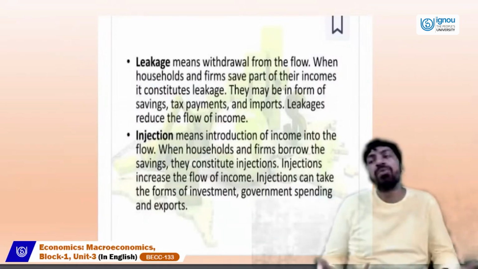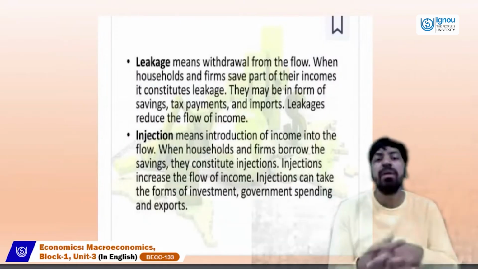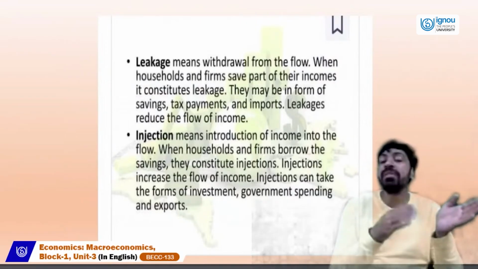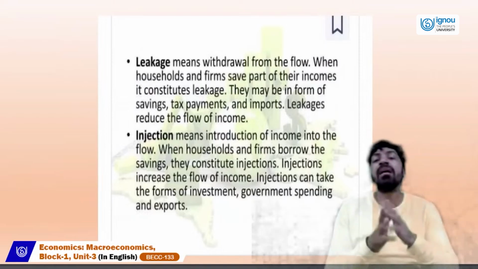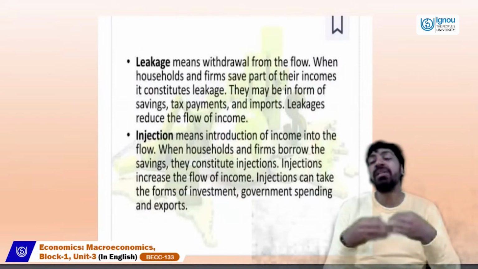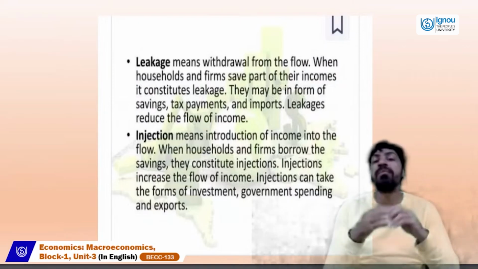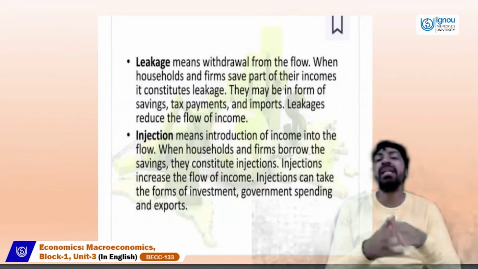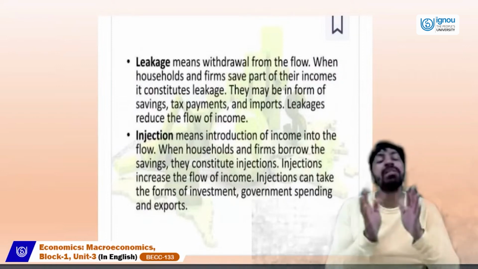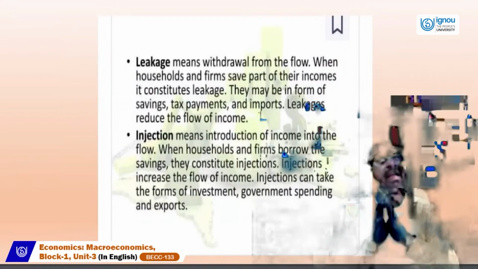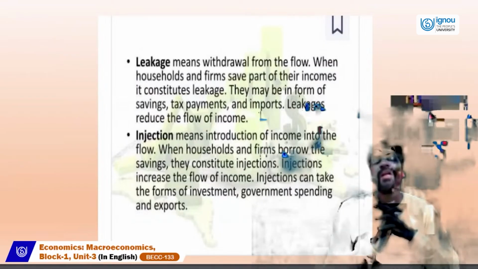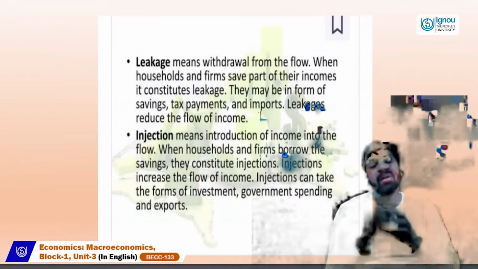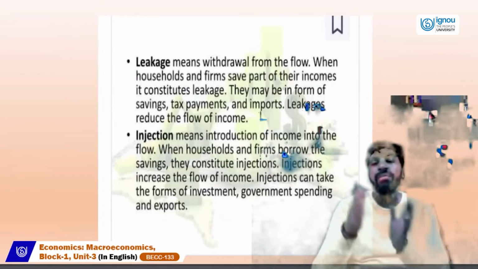Leakage, as already told, is a withdrawal from the flow. That means we take out the money for the following purposes: when households and firms save their income, it is used in the form of payments, in the form of savings in a bank, in the form of import of products. So it's called a leakage, because leakage always reduces the flow of income in any form of transactions, between the household and the organizations, or between households and government.